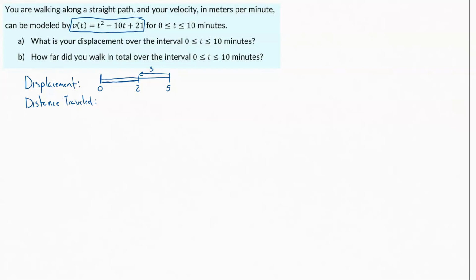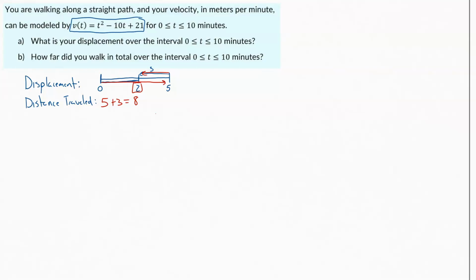However, if we talk distance traveled, how many steps did I actually take, well, I took 5 steps to get out this direction, and then I took 3 steps back. So in the end, I took a total of 8 steps. So displacement wise, I moved only 2 steps, but it took me 8 total steps of traveling to get to that place. And so those are slightly different animals when we come to doing these types of problems.